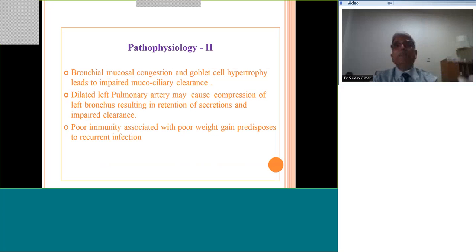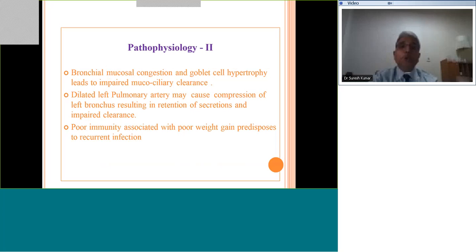The congested bronchial mucosa is associated with a goblet cell hypertrophy. So this is associated with a reduced mucociliary clearance. In addition, a dilatation of the left pulmonary artery, as would often happen in the case of a large VSD or a PDA, the dilated left pulmonary artery would compress the left main bronchus, resulting in retention of secretions and impaired clearance of secretions, and thereby inviting infection.